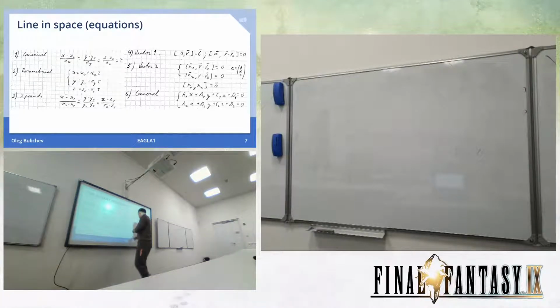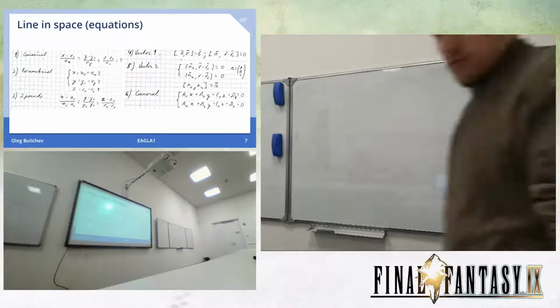So we can find this line as the intersection between 2 planes. Of course, we can represent it in this manner. So it's forms that look like each other.